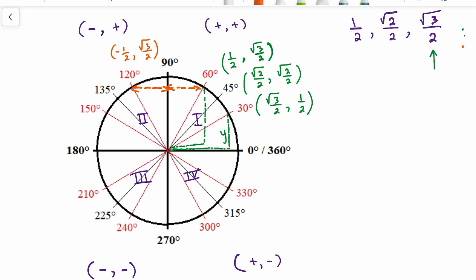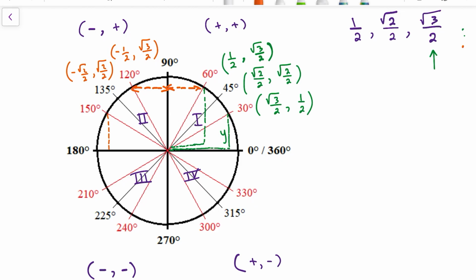For 135 degrees, it's the same as 45 degrees. We just need to be careful of the signs. So the cosine is going to be negative root 2 over 2, and the sine is going to be root 2 over 2, positive. And for the 150 degrees, which is the same as the 30 degrees, you can see the distances are exactly the same. 30 degrees from 0 degrees, and this is actually 30 degrees from 180 degrees.